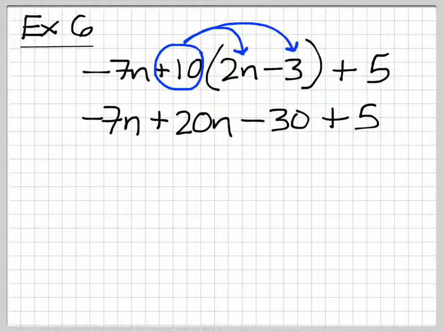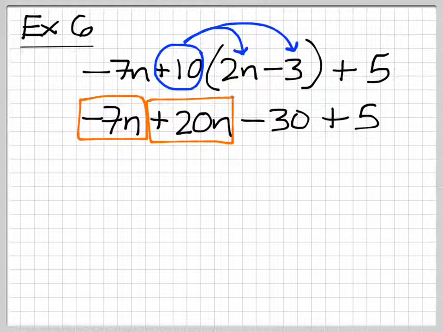Okay, now I have some things that look alike. So going through the order of operations, no parentheses, no exponents, technically no multiply and divide, and now I'm down to add and subtract. I need to combine like terms. This has an n, this has an n.